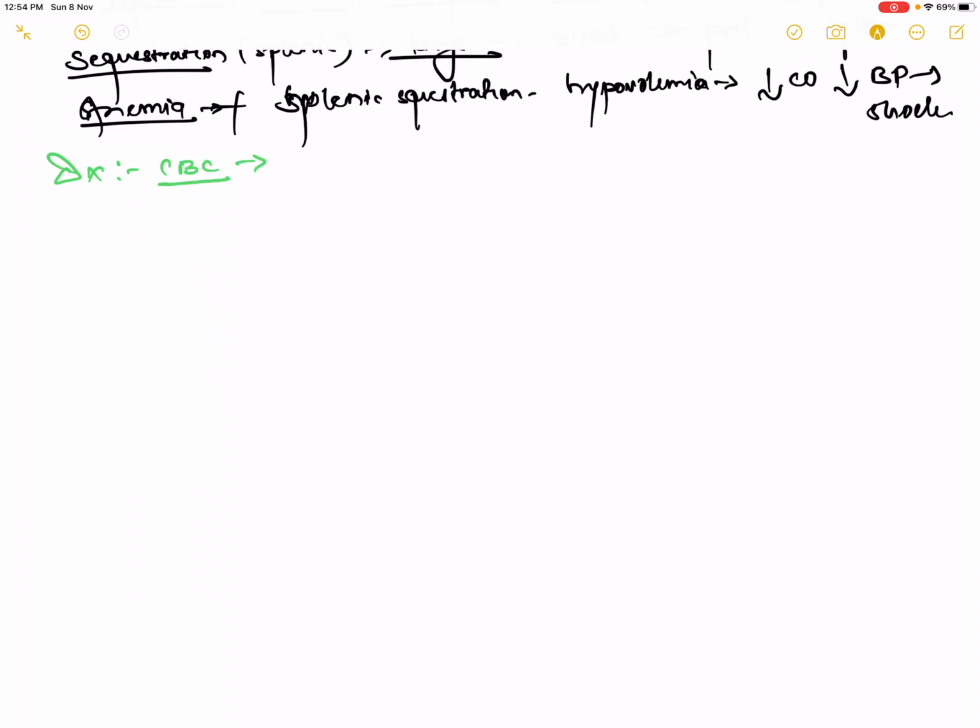It will show decreased hemoglobin, and mean corpuscular volume will be normal. There will be increased reticulocytes. Lactate dehydrogenase will be increased. Next is indirect bilirubin, which will be increased, showing hemolysis.